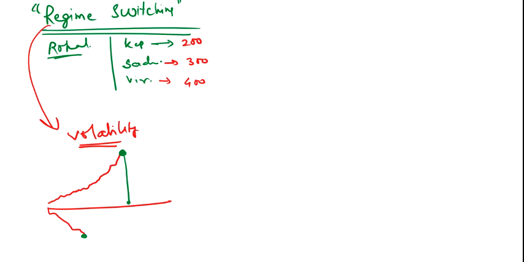If you are at a very low volatile period, it will take a very small amount of time to change the regime from the low volatility period to the high volatility period. It can change very quickly. So you are changing your regime from high volatile to low volatile in a short period of time, and from low volatile to high volatile in a short period of time. We are calling that regime switching. Clear?